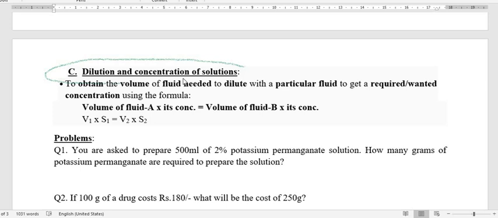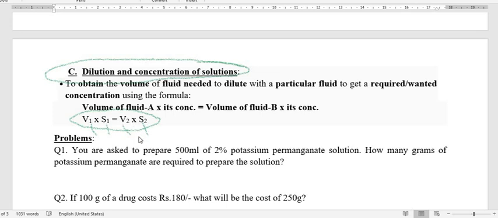In this dilution and concentration of the solution, we are calculating by the formula V1S1 = V2S2. V1 is the volume of solution number 1, S1 is the strength of solution number 1, V2 is the volume of solution number 2, S2 is the strength of solution 2.